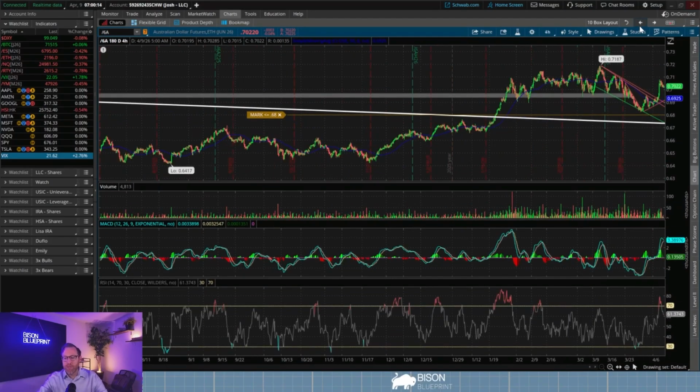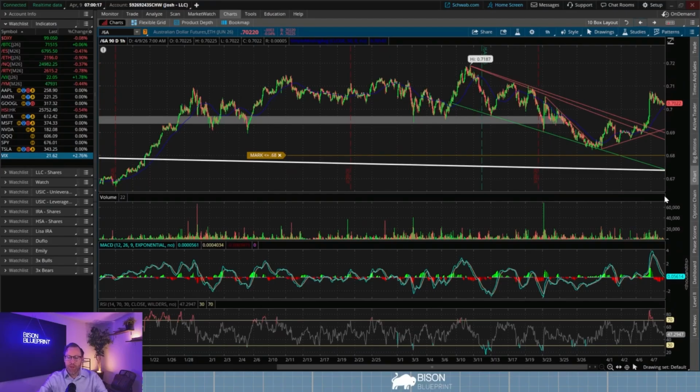So let's zoom in here on the Australian dollar, and we start to see that we have a very clear trend line channel being formed here. Now this is a trade I took a couple weeks ago where we're able to connect a couple of these swing lows, and then it becomes very obvious here as price pulls into this trend line that it's time to get bullish and it's time to target these upper trend lines.